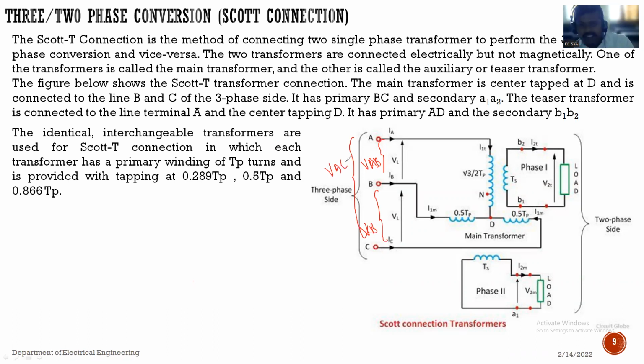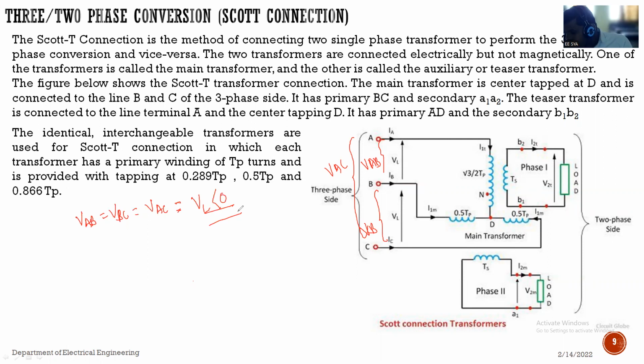These three voltages, as we discussed in the previous one, are balanced voltages. That means there is no unbalancing, so we can write VAB equals VBC equals VAC. This is a balanced voltage. So instead of writing separate voltages, I am writing here VL volt at an angle of 0 degree.